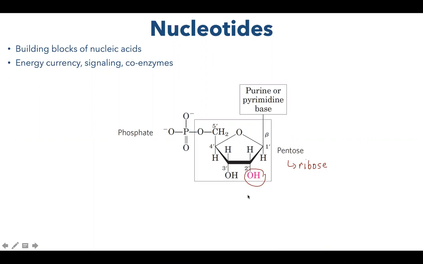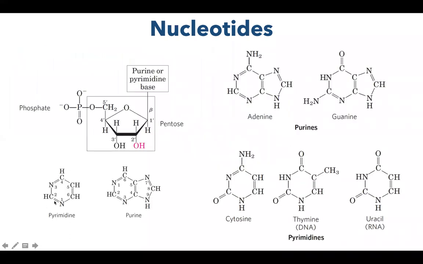So that's the difference between your ribose and deoxyribose. Your nitrogenous bases, or nitrogen-containing compounds, are these. You are familiar with these names, I think. They are adenine, guanine, cytosine, thymine, and uracil.